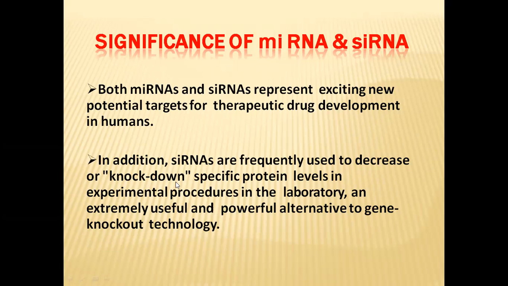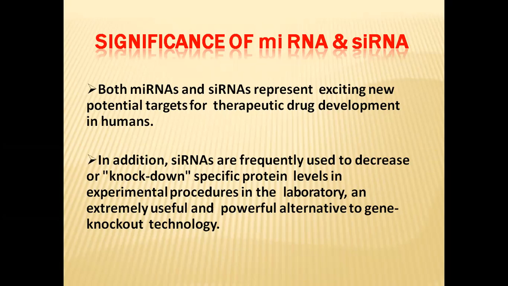By studying the knockout animals, they will come to know the effect if the gene is absent in the organism. If we know the effect of the gene when it is not present, then indirectly we can know the effect of that gene also.